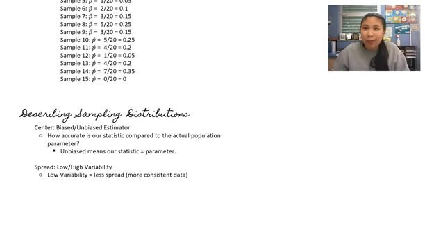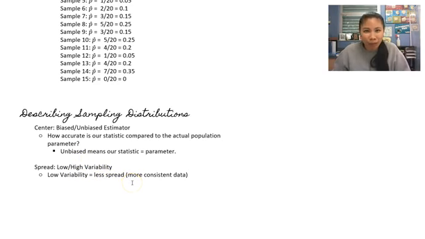When we talk about spread, you might also hear people say whether things have low or high variability. Remember, variability is just another word like variation or standard deviation. Low variability means the change between the data points is smaller, so you have less spread, which means you have more consistent data.